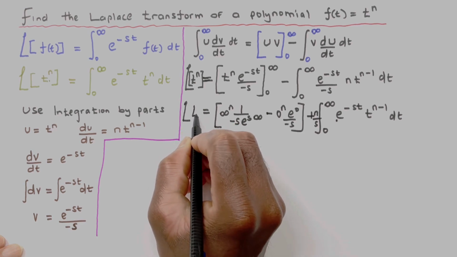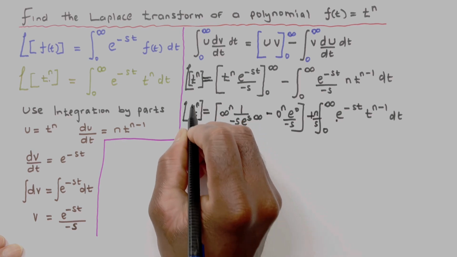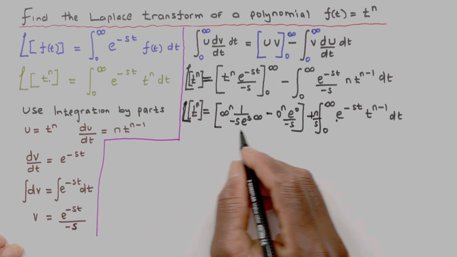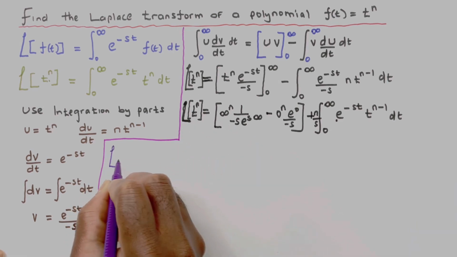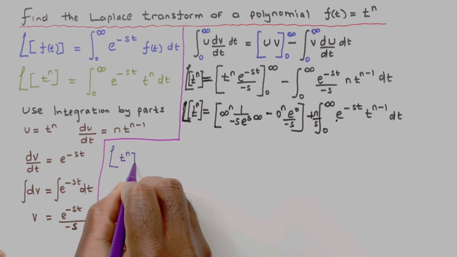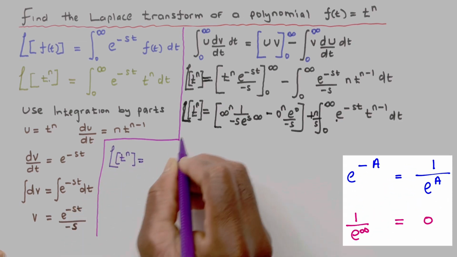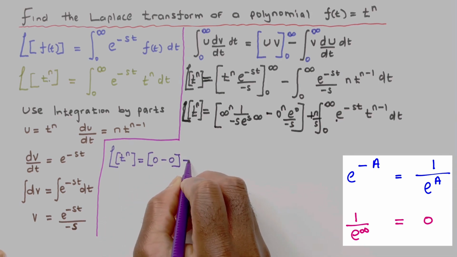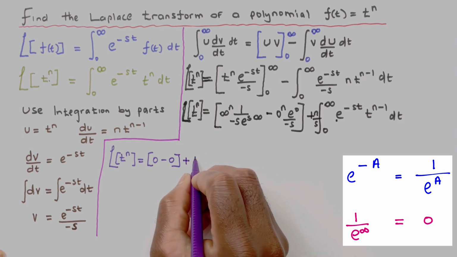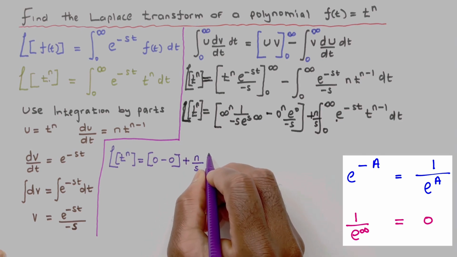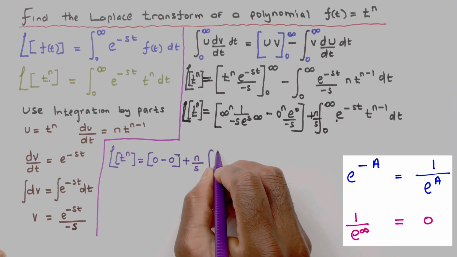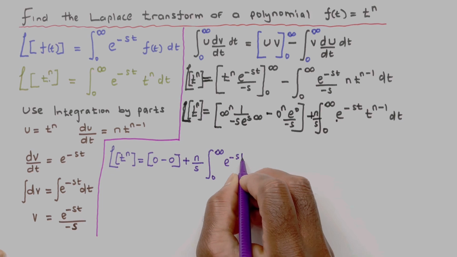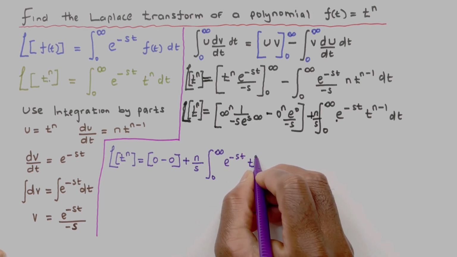And so that would be the Laplace of t to the power of n, and we're going to write that again: the Laplace of t to the power of n is equal to, well, that will be 0 minus 0, and n over s times the integral of 0 to infinity of e to the power minus st, t to the power n minus 1.